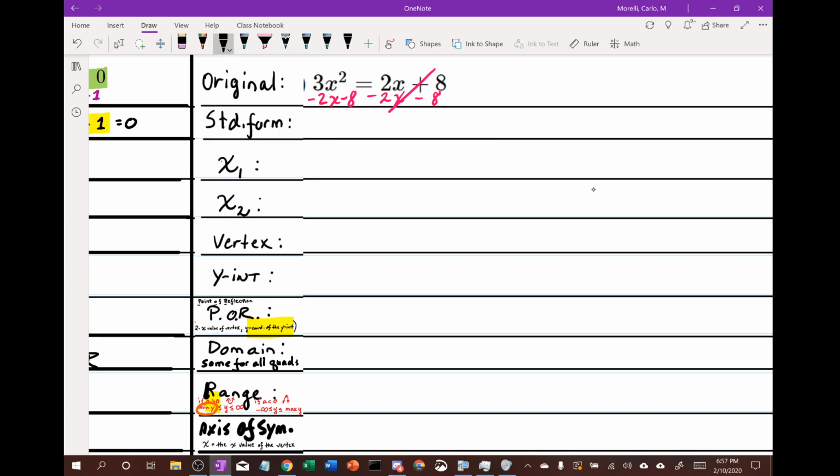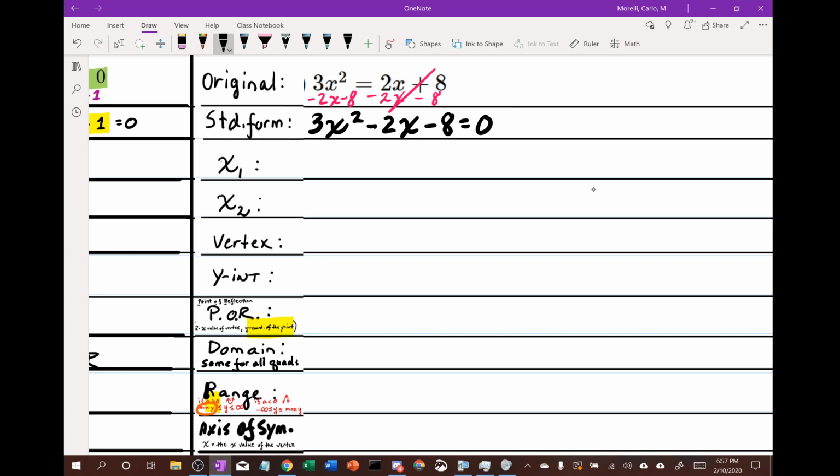All right. So now the standard form equation of this quadratic would be 3x squared minus 2x minus 8 equals 0. Okay.